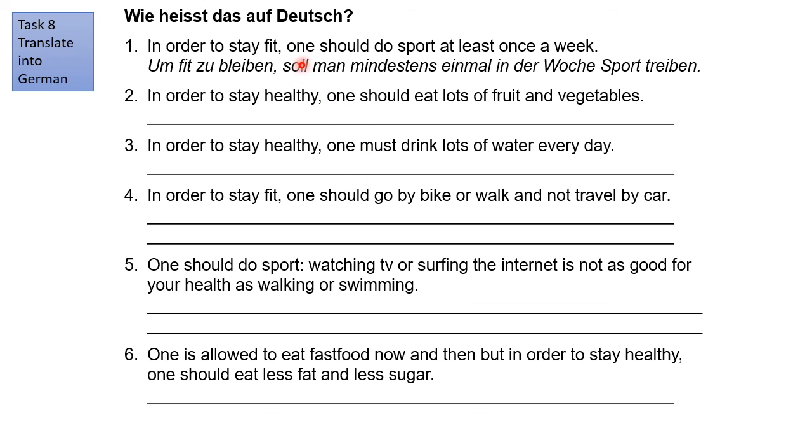So you have to think about soll man or muss man, and then think about what else is in the sentence, and then also identify what the second verb might be and make sure that it goes to the end of the sentence. Now this is quite tricky, but I think you should be able to do it. Okay? Number 5 and 6 are slightly different, so don't worry if you struggle a bit with them. Just give it a go and see what you can come up with.